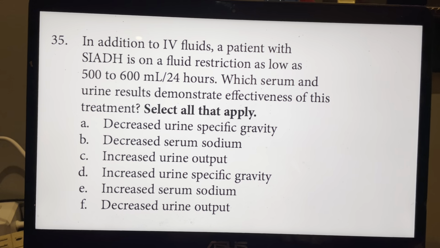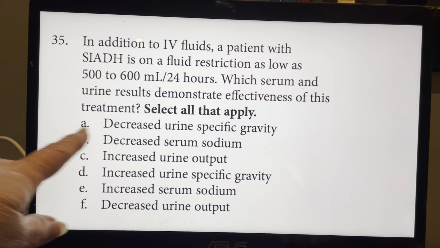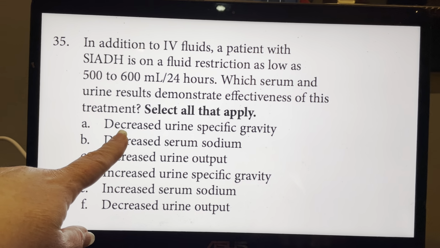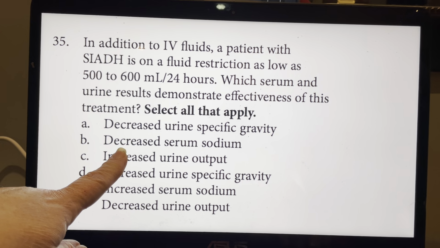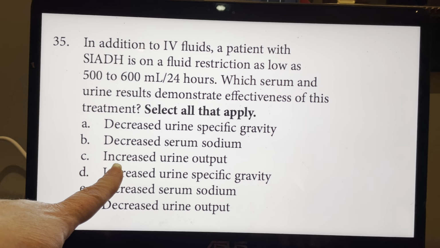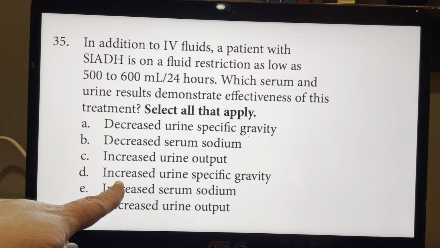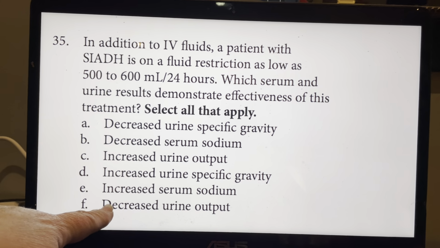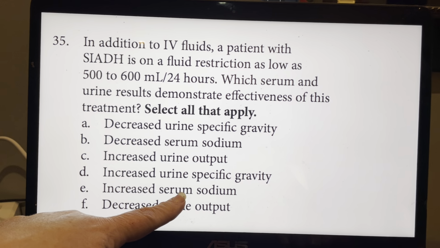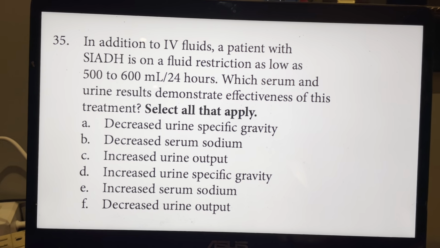Anyway, I'm moving on. In addition to IV fluids, a patient with SIADH is on fluid restriction as low as 500 to 600 milliliters in 24 hours. Which serum and urine result demonstrates effectiveness of that treatment? If we're holding it down for SIADH: decreased urine-specific gravity, decreased serum sodium, increased urine output, increased urine-specific gravity, we don't want that, increased serum sodium, decreased urine output.